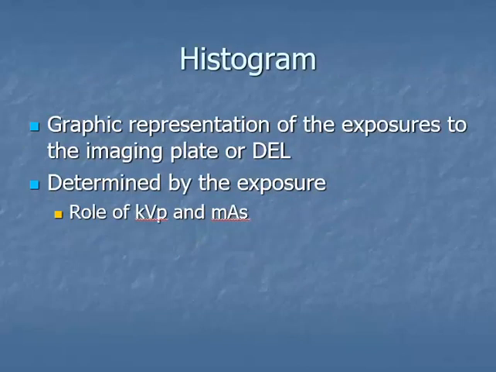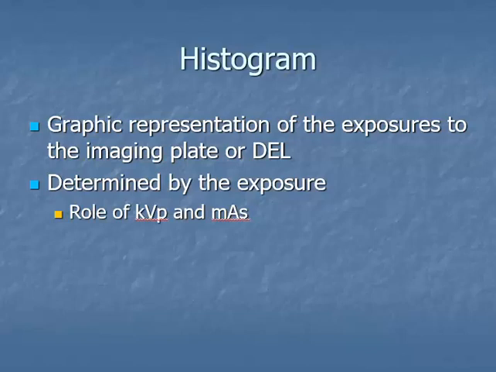Again, a histogram is a graphic representation of the exposures that you made and how much radiation that image receptor received. So it's determined by the exposure. The role of kVp and the role of mAs are still the same as what they were with screens and films.